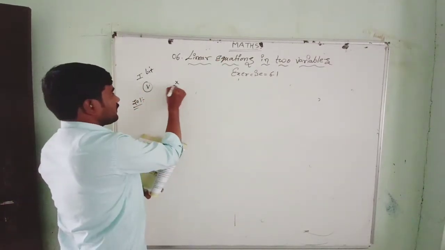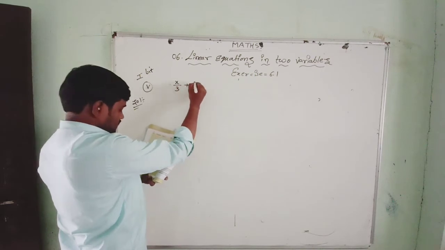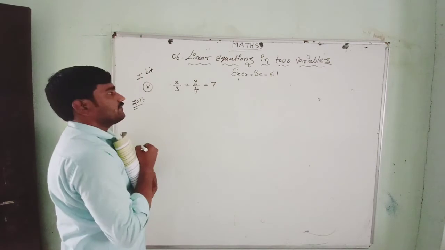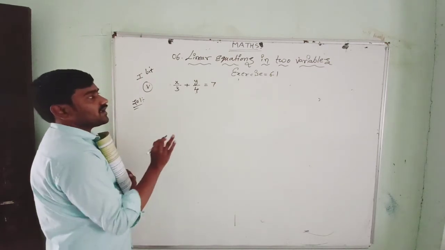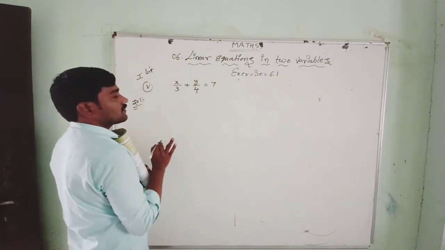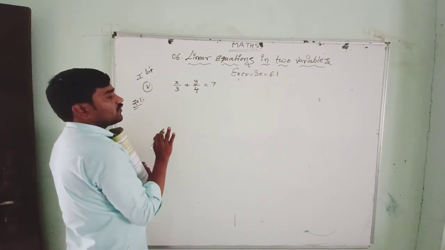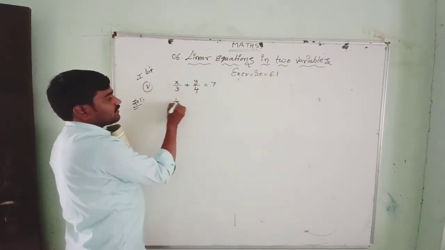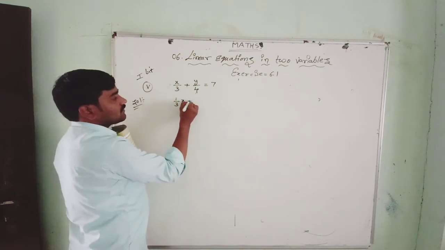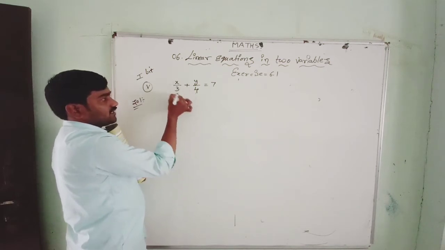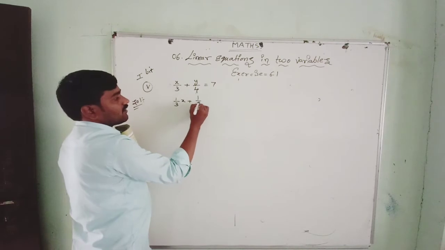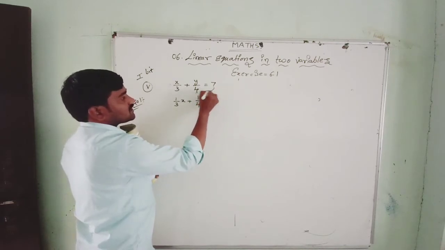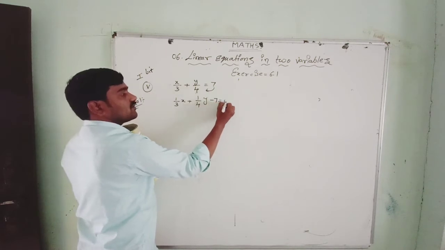x by 3 plus y by 4 equal to 7. Now this we can simplify in two ways. Normally you go for here, this we can write 1 by 3 into x, plus 1 by 4 into y, and the 7 you bring this side, that becomes minus 7 equal to 0.